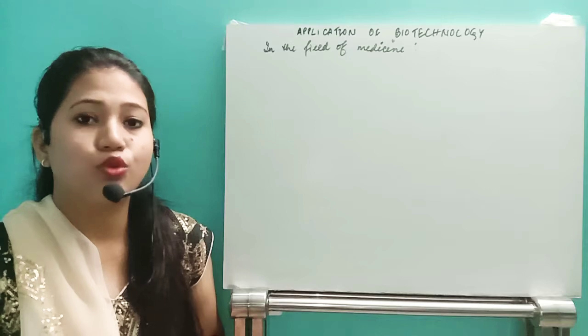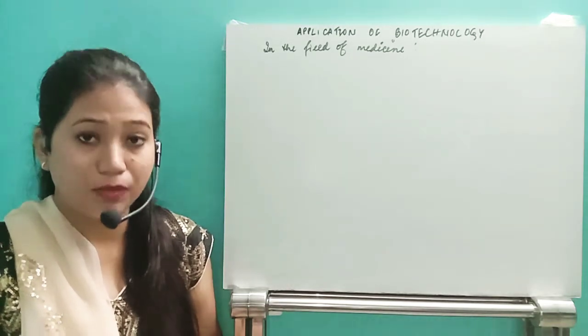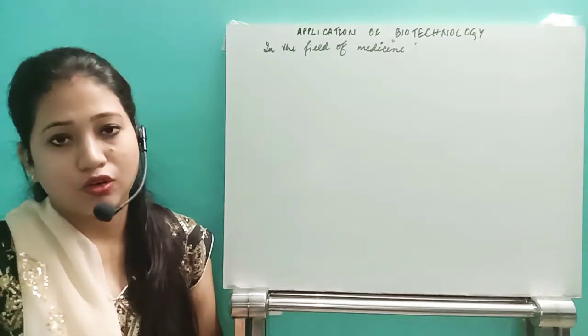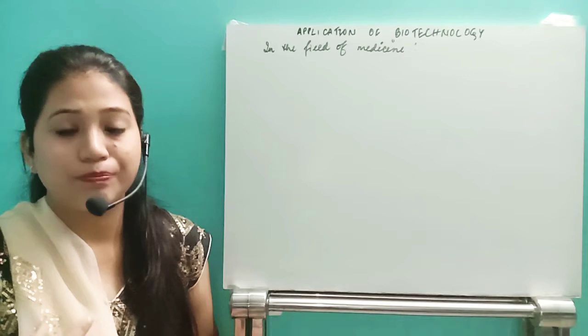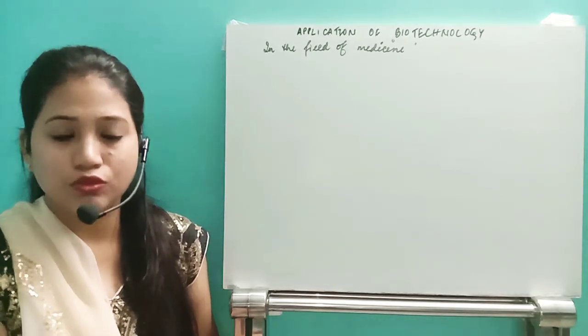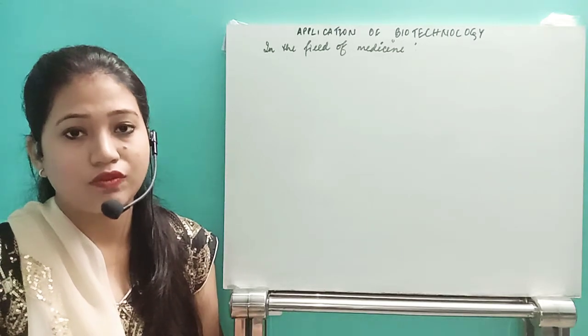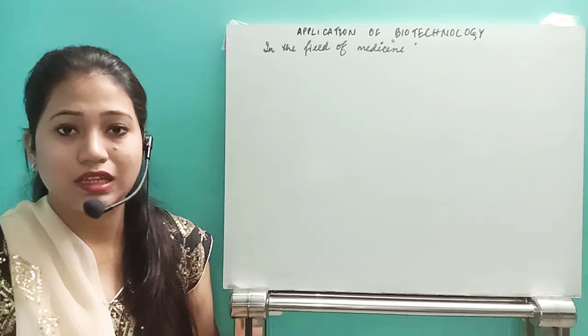Then monoclonal antibodies, where different injections and vaccinations are made with the help of biotechnological approaches. Then gene therapy, and different techniques for the detection of different pathogens in our body.